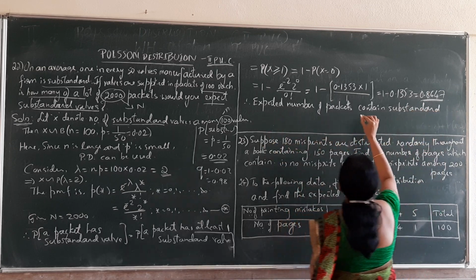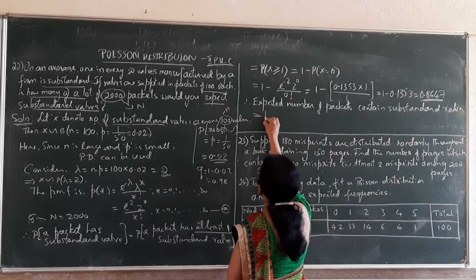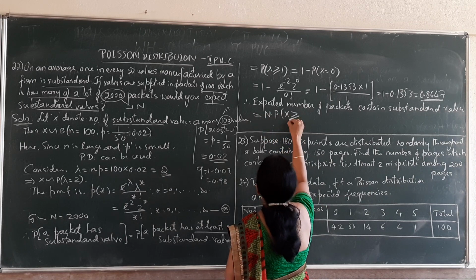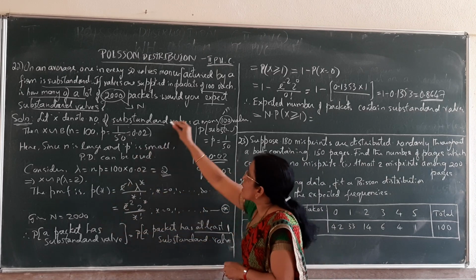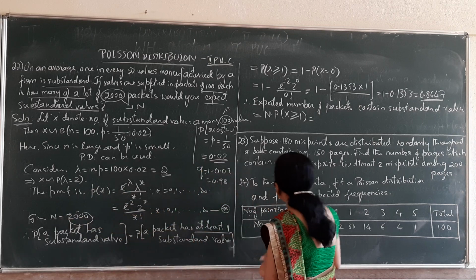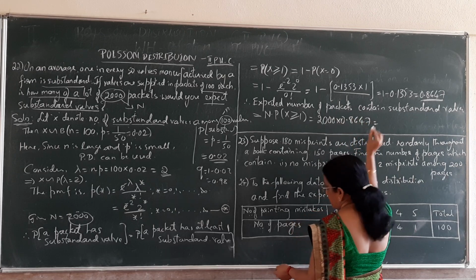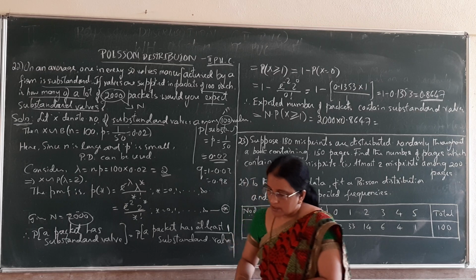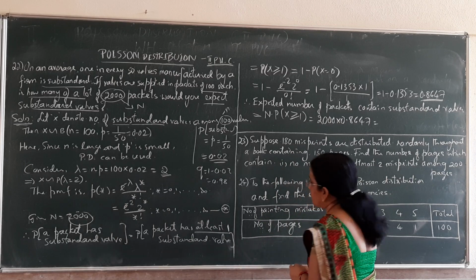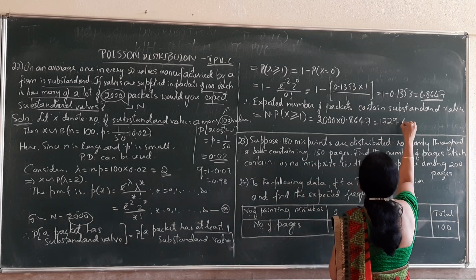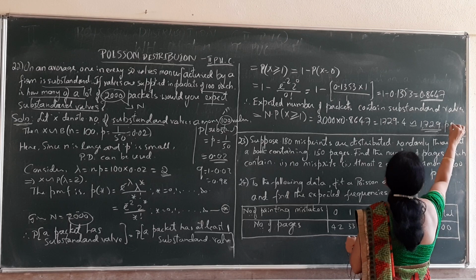is equal to capital N into P of X greater than or equal to 1, which is equal to capital N, that is 2000, right? I wrote here N equal to 2000. 2000 into 0.8647, which is equal to 1729.4, which is approximately equal to 1729 packets, right?